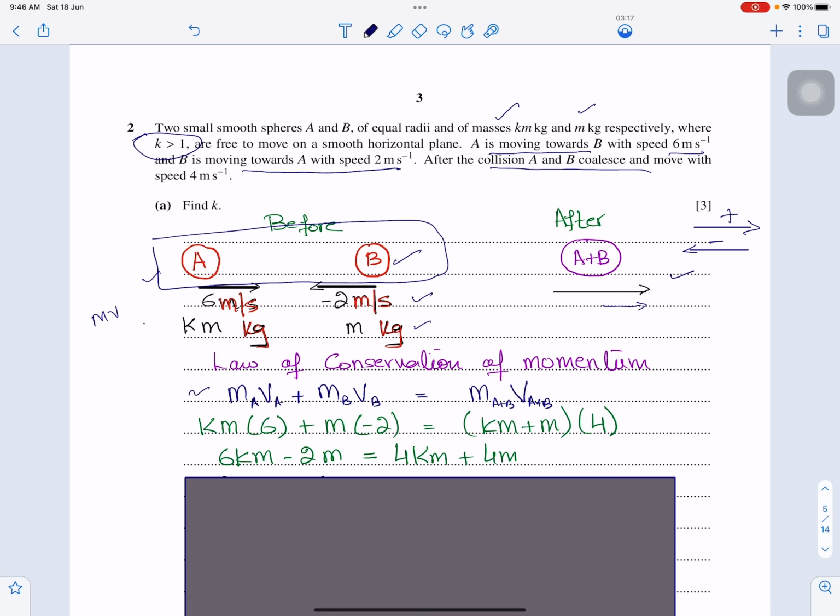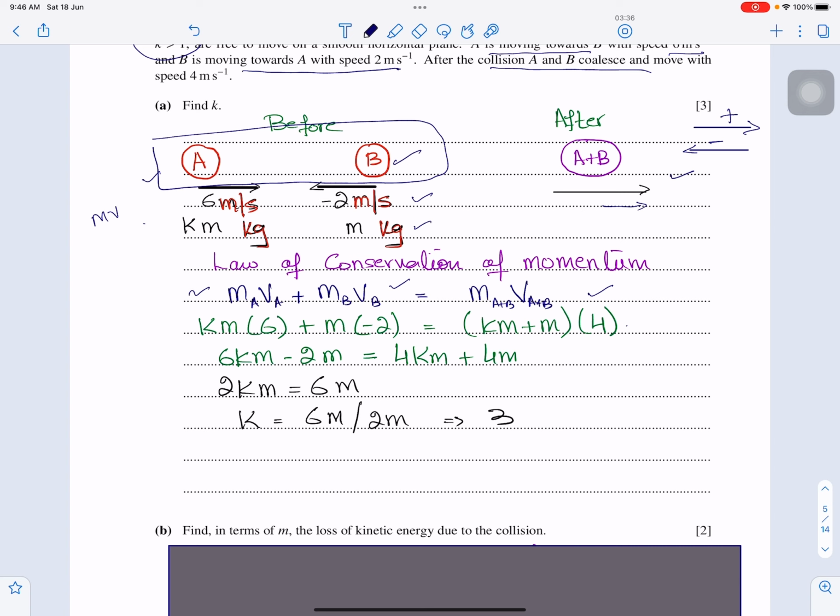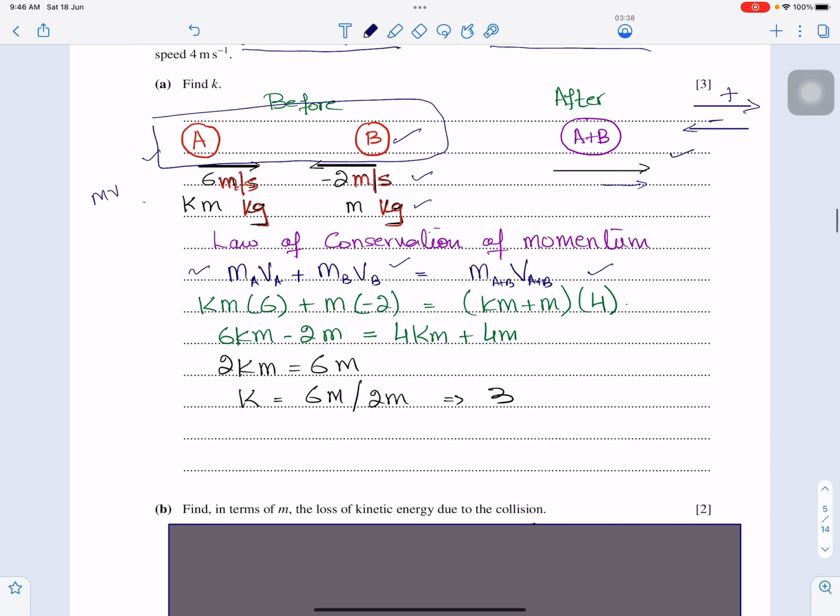This is just a symbol to understand that I'm taking mass and velocity of body A, then mass and velocity of body B. And I'm simply substituting the values. Similarly, I'm doing here. Together their mass and their velocity. And then simply solving this equation, and it will help me to get the value of K. I hope this is clear to you.